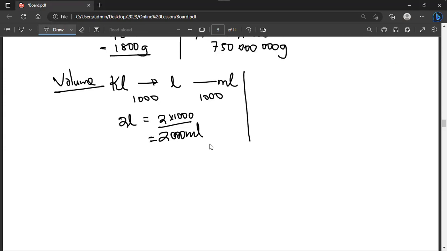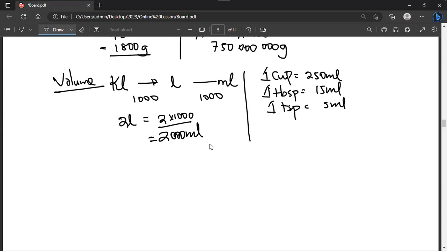Either. And you take note, other part that you need to know is that 1 cup will always be 250 mils, 1 tablespoon is 15 mils, and 1 teaspoon is 5 mils. That's how we measure. That's how we shall do this.